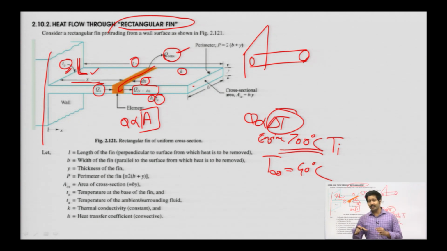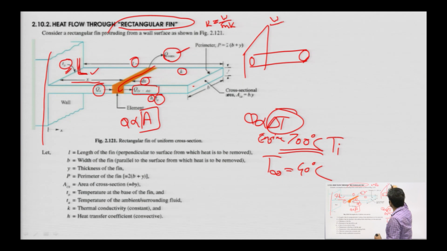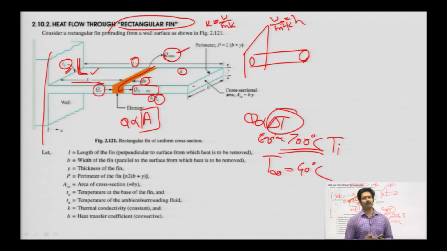By this time you should be really aware of what thermal conductivity and the convective heat transfer coefficient are. You must be aware of the units: watts per meter Kelvin for k, the thermal conductivity, and watts per meter square Kelvin for h, the convective heat transfer coefficient.